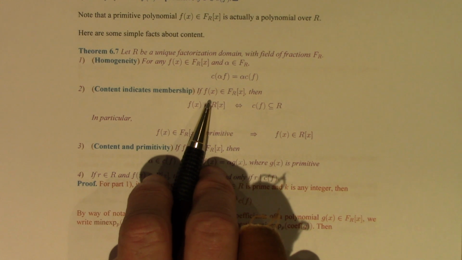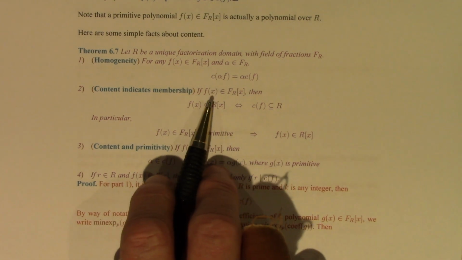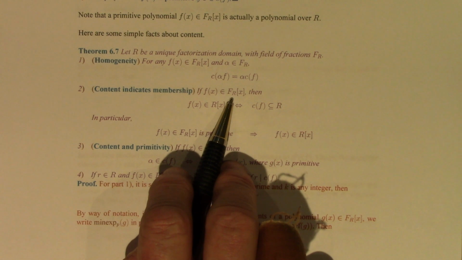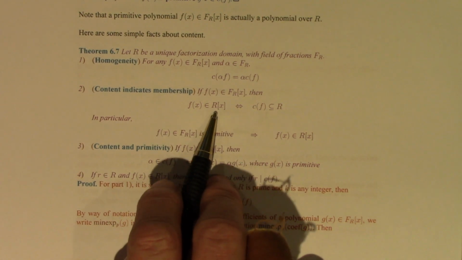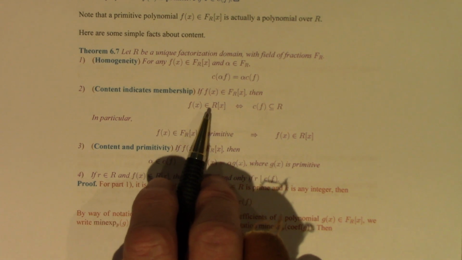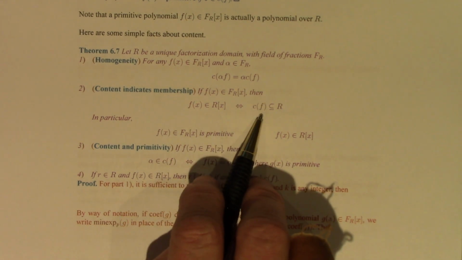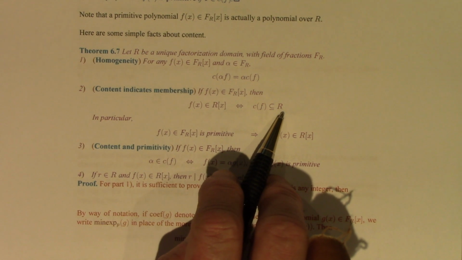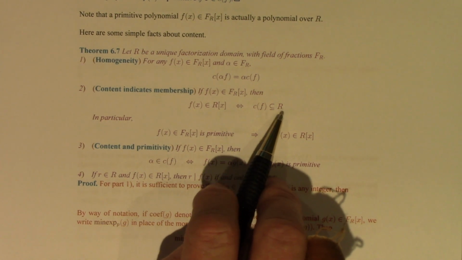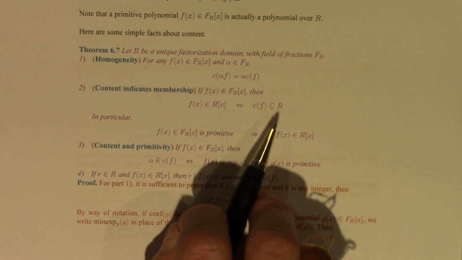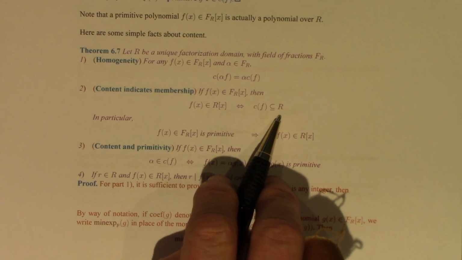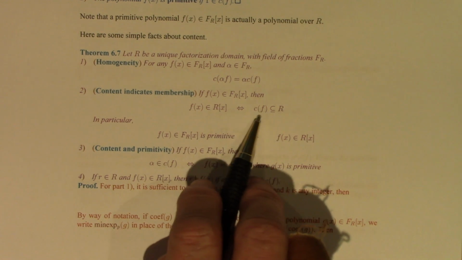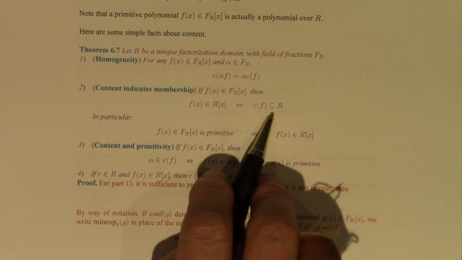Content can indicate membership in the sense that if f of x is a polynomial over the field of fractions, then it will be actually over the base ring R if and only if its content is a subset of R. And that will be the case even if a single content is contained in R, then all the contents being associates will be contained in R.